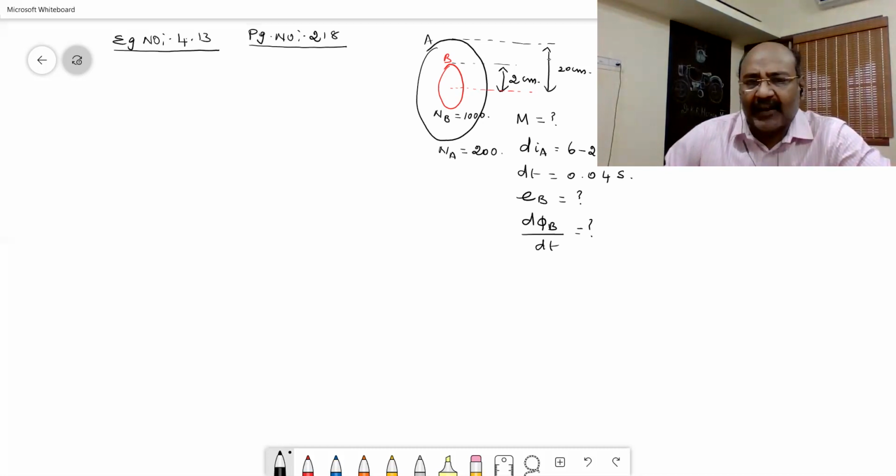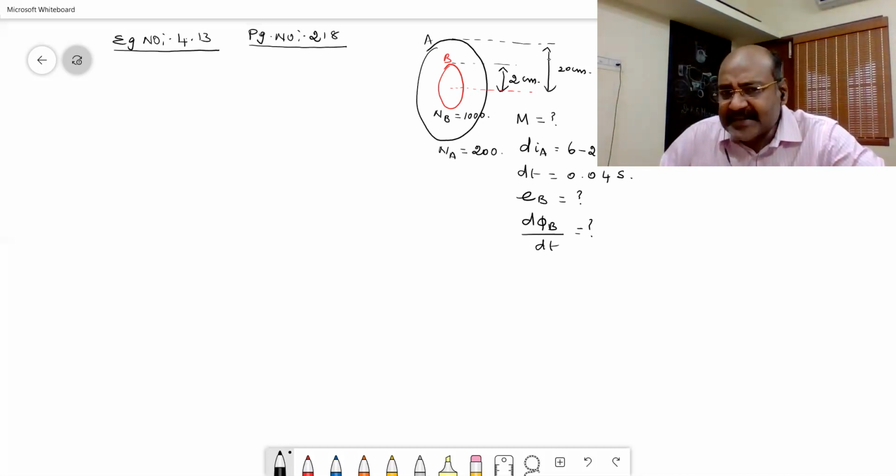So how can I write? The current is changing in the first coil. Due to the change in current, a magnetic field will be developed at the center of the circular coil.